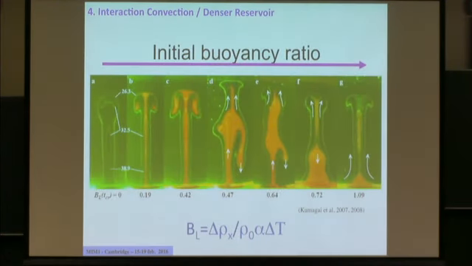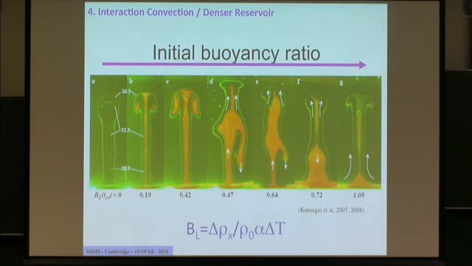So I'm going to back up a little bit and just simplify the system. Now we're going to look at just what happens to a plume. We have a heater here, sugar syrup, so the viscosity depends on temperature. The hot fluid is typically here 100 times less viscous than the ambient.